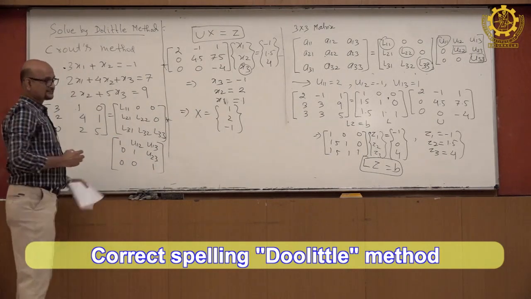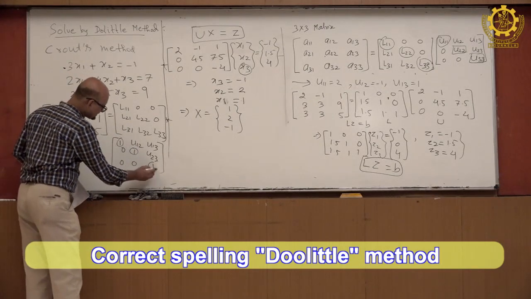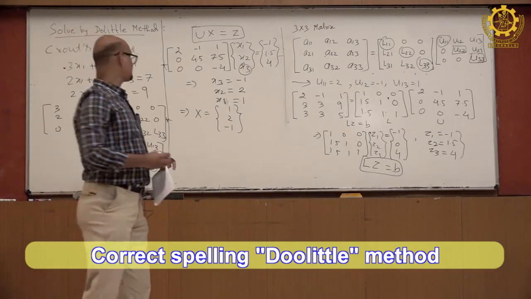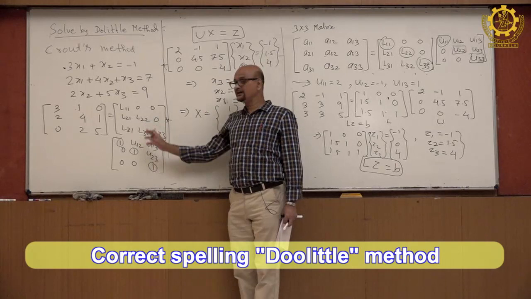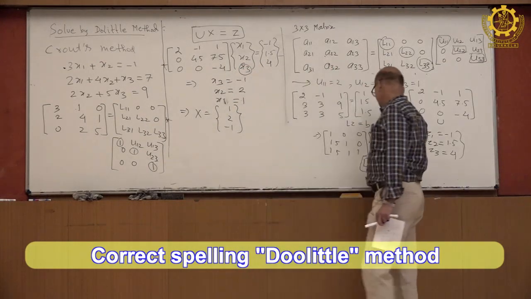So you can see again 6 elements, only the change is here, this Uii as unity. So again you can multiply and equate with each element of this A matrix, find L and U, okay, then use the same Lz is equal to B.